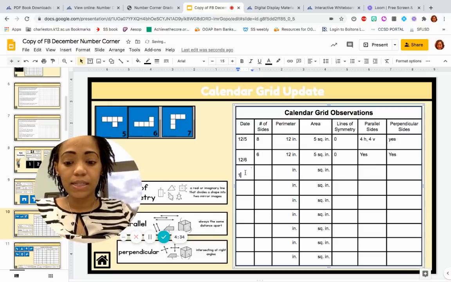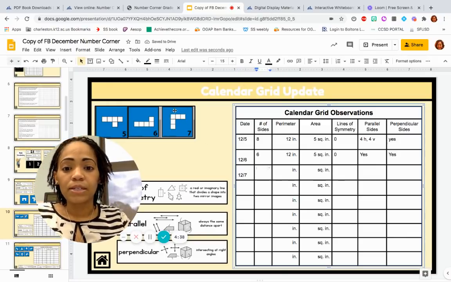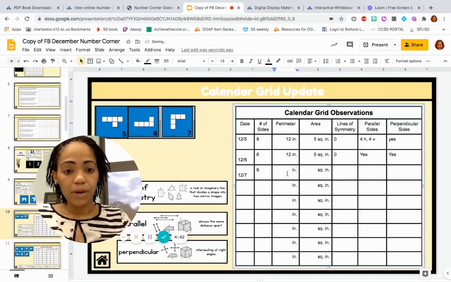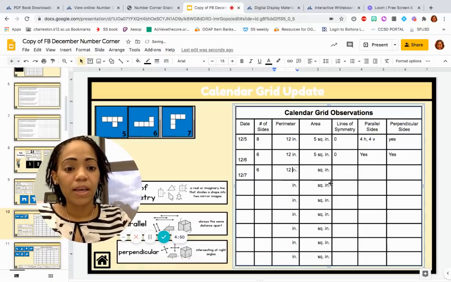Now on to today's date, which is the 7th. We have 1, 2, 3, 4, 5, 6 sides. We have a perimeter of 3, 6, 7, 8, 9, 10, 11, still 12, and an area of still 5.